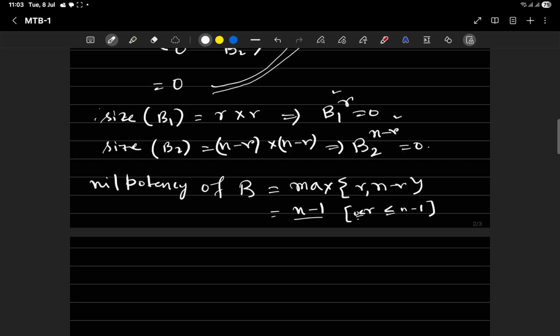So B to the power n minus 1 is 0, obviously. So this is the actual proof. Yes, the proof is done.